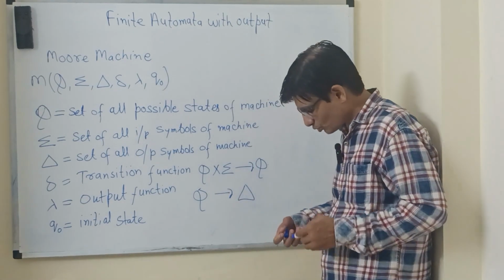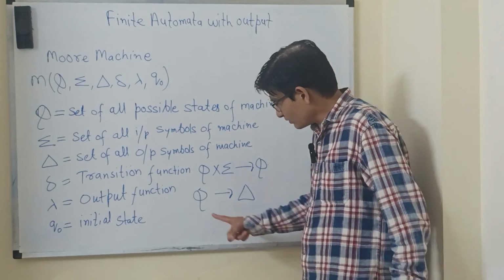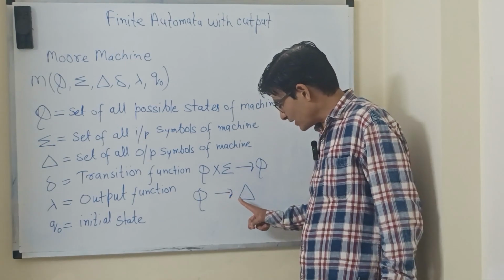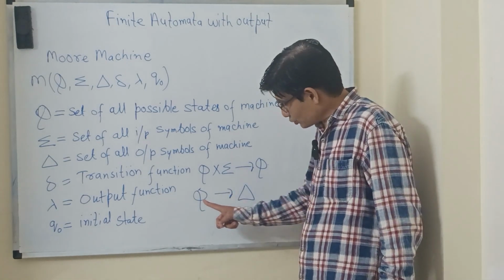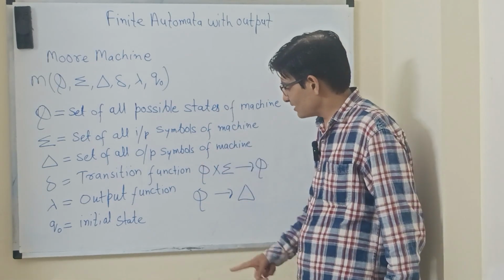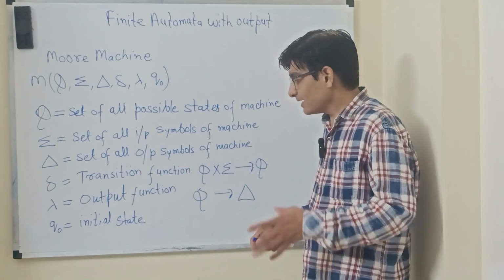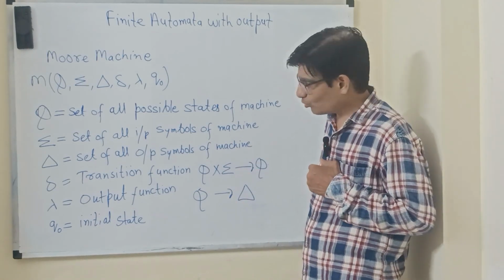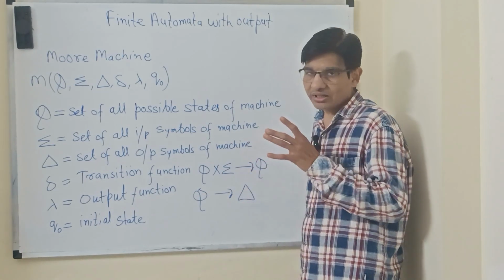As I told you, with each state, one output symbol is associated. So this is the output function of Moore machine. And now I will take one example of Moore machine, so it will be more clear to you.